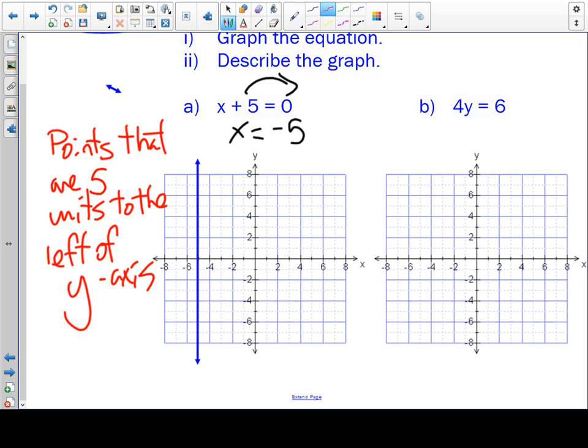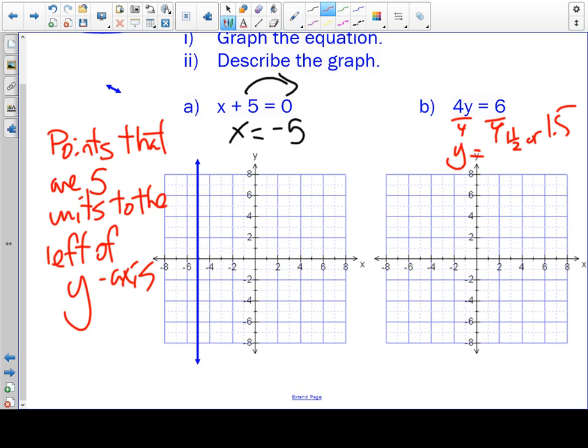We've got 4y equals 6. If we have 4y equals 6 and we're solving for y, we have to divide both sides by 4. So that means that y is going to equal 1.5. Then we're going to draw a line that represents that.